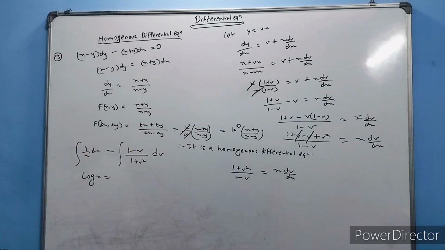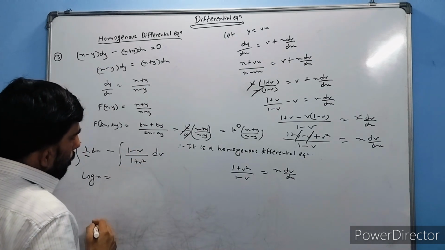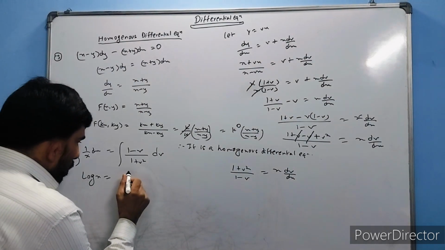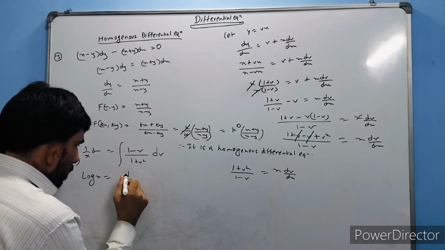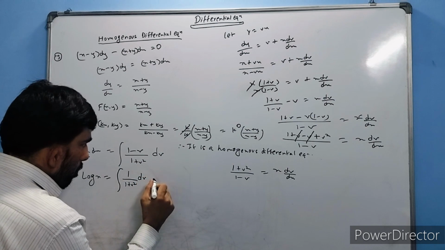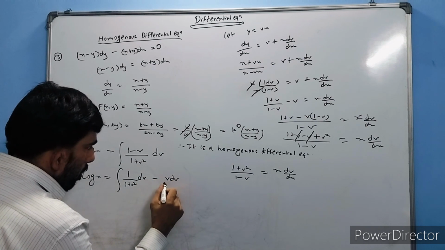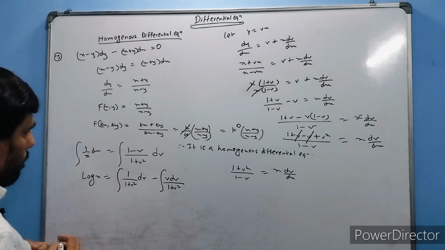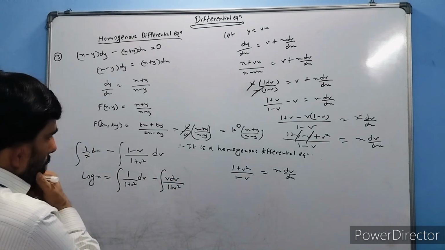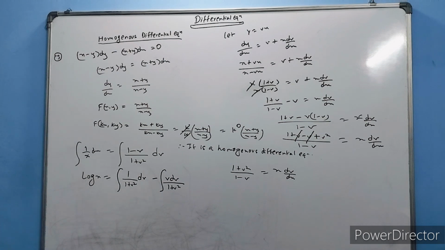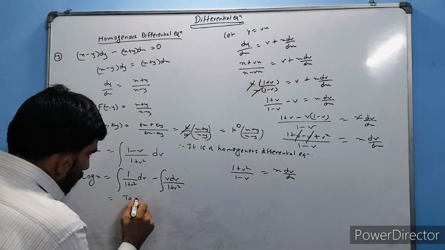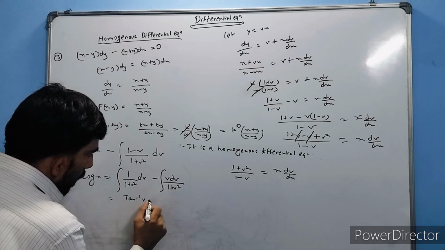We have 1 minus v upon 1 plus v square. Now we can separate it: dv minus v dv. We all know 1 upon a square plus x square integrates to tan inverse, so we have tan inverse x upon a.